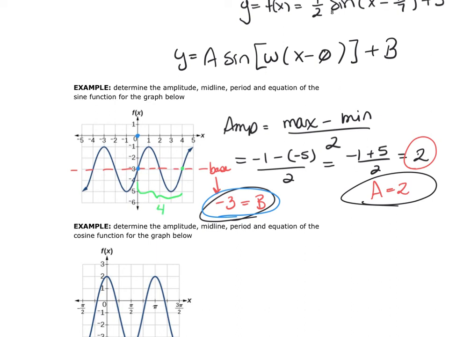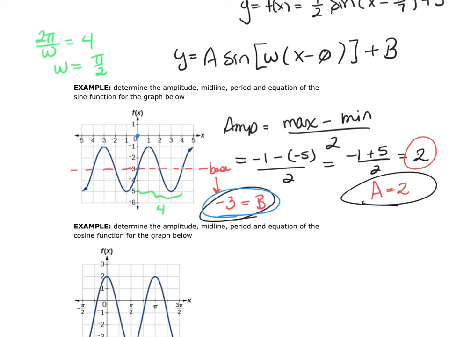That's going to tell me what my omega is. So 2 pi divided by omega must be equal to 4, because that's the distance I traveled from beginning to end. That tells me my omega must be pi over 2. So, not my phase shift, I don't have a phase shift. My period change, my omega, is pi over 2.